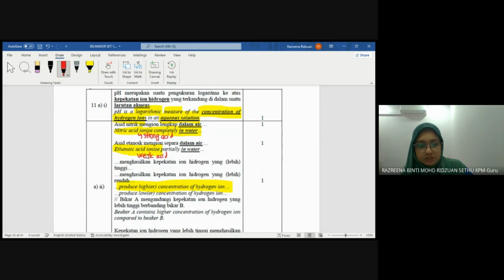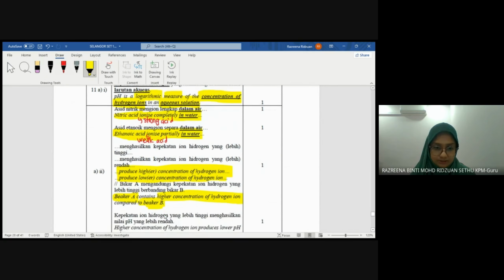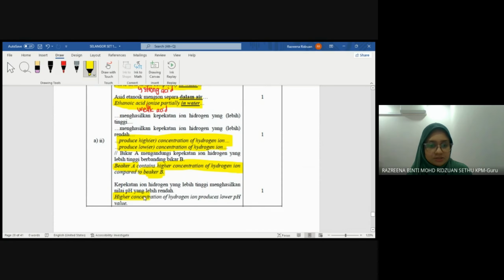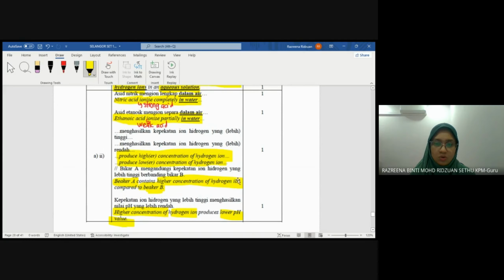You have to mention that they ionize in water partially to produce lower concentration of hydrogen ion. So you can see that beaker A contains higher concentration of hydrogen ion compared to beaker B. Why? Because it is a strong acid, right? All of it has been ionized. So you can see the higher the concentration of hydrogen ion, the lower the pH value. Okay, that's your 1, 2, 3, 4 marks.